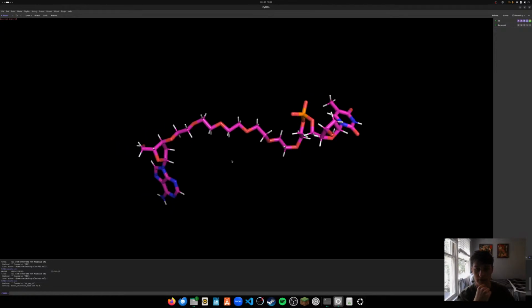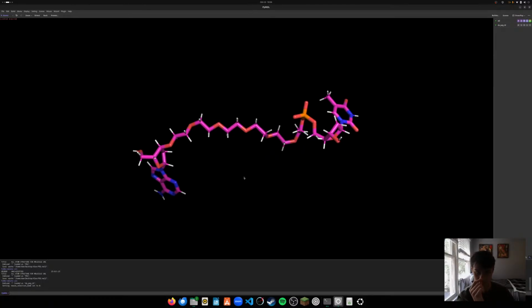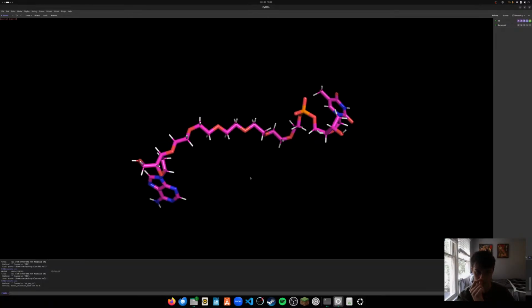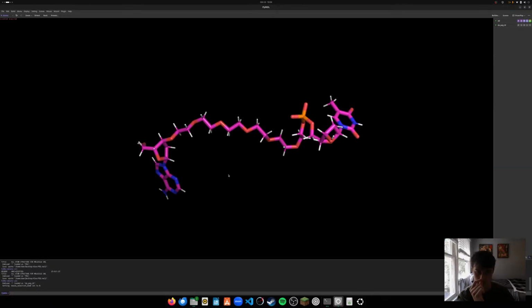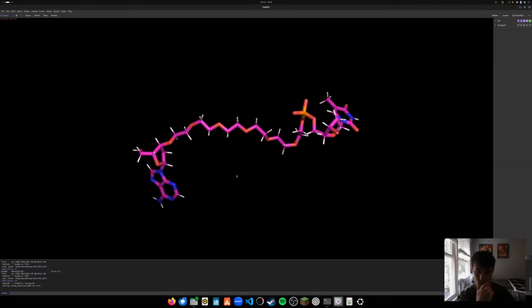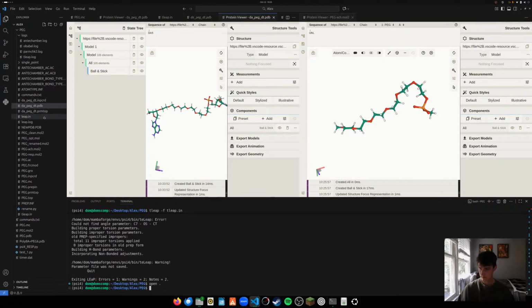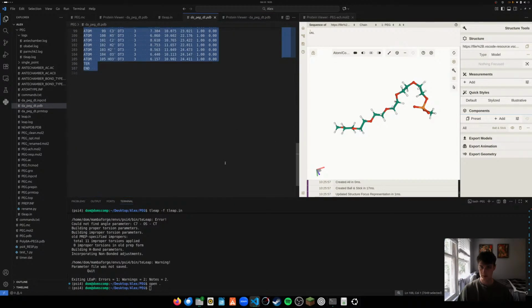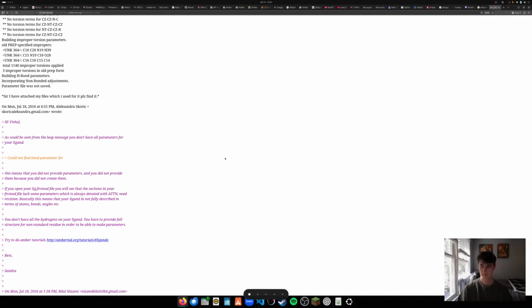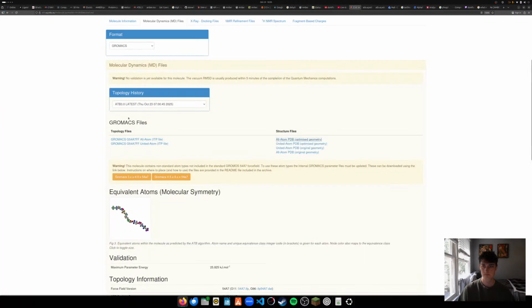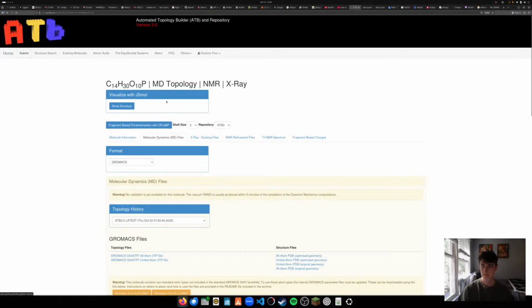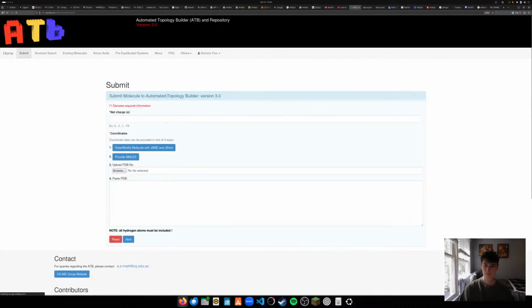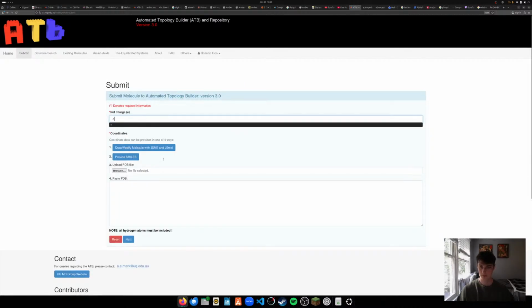Wait, why couldn't we just parameterize this whole thing right here? We'll just try that first. So let's look into here. It's just a lot of atoms is the problem. Yeah, charge -1.